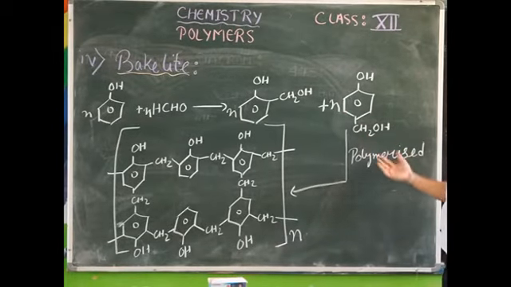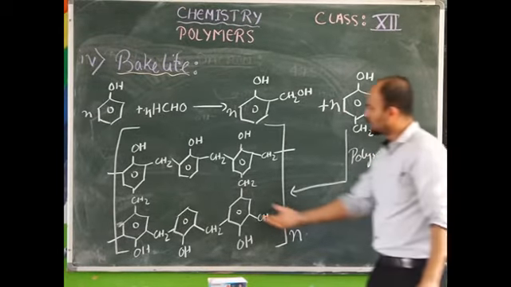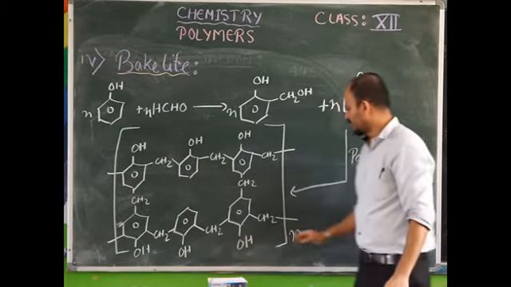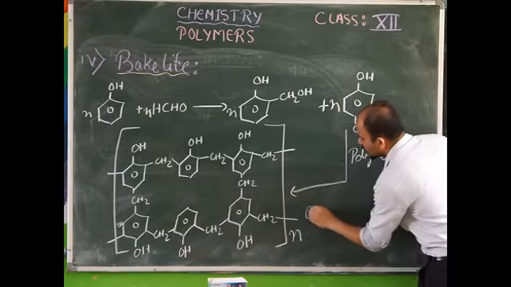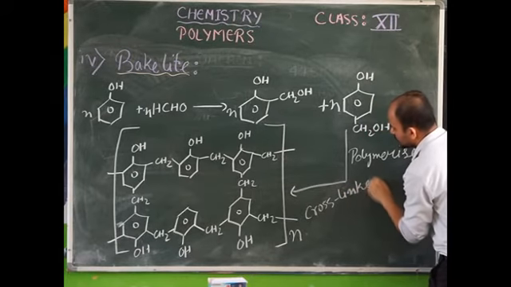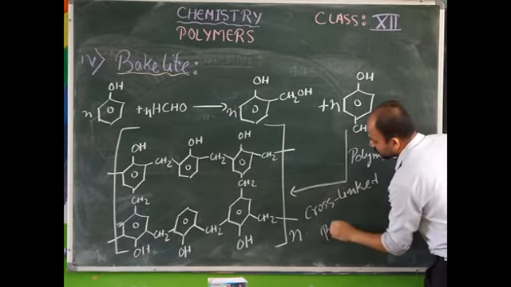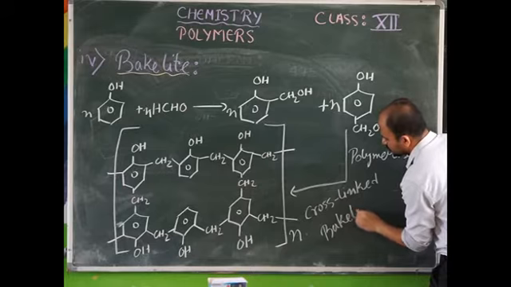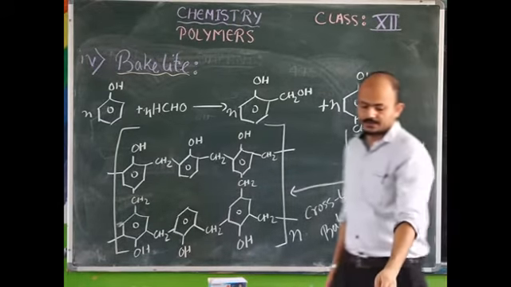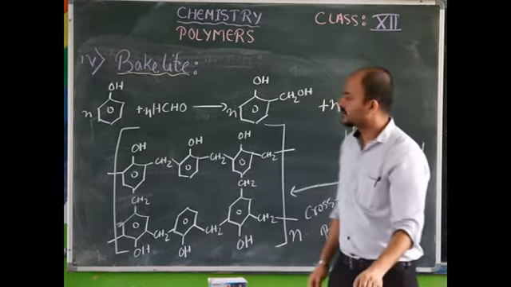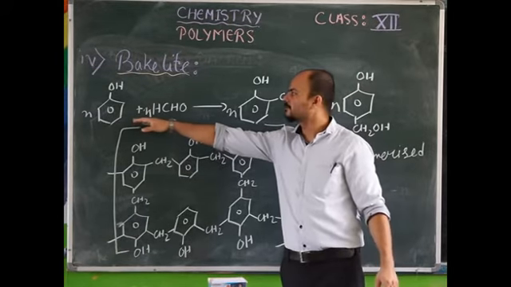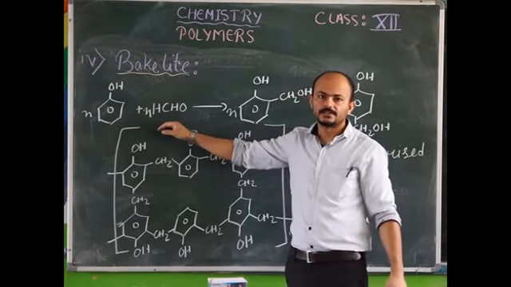When these two were polymerized, we obtain the structure of Bakelite. This is the structure of cross-linked Bakelite. Most important thing is you have to remember its monomer units, prepared from phenol and formaldehyde.